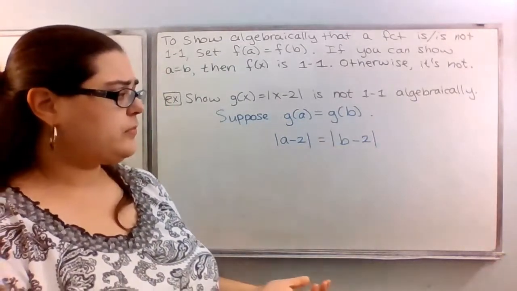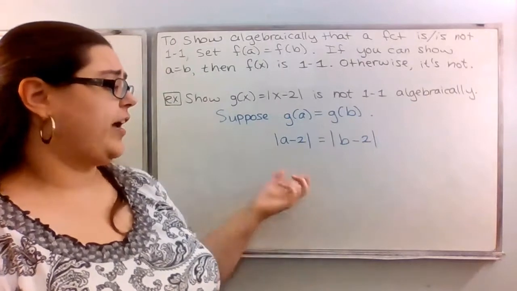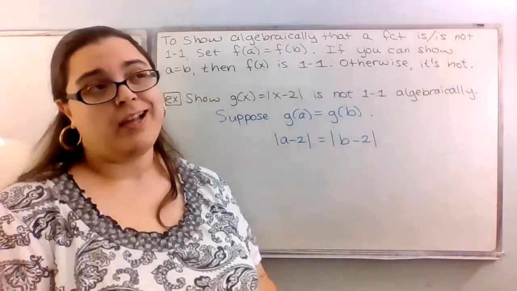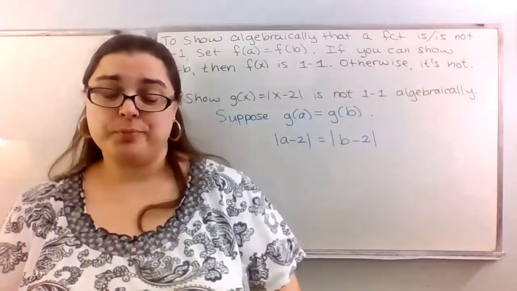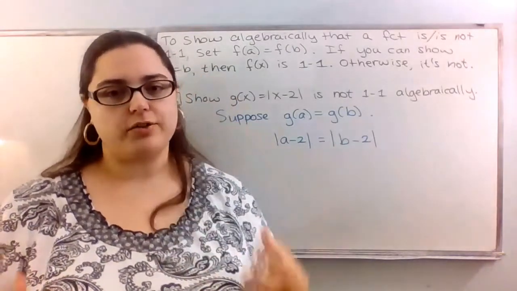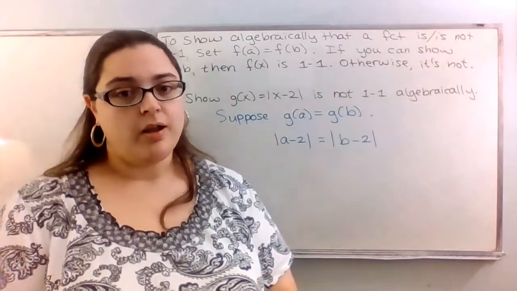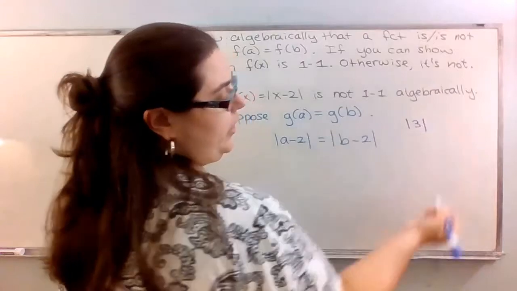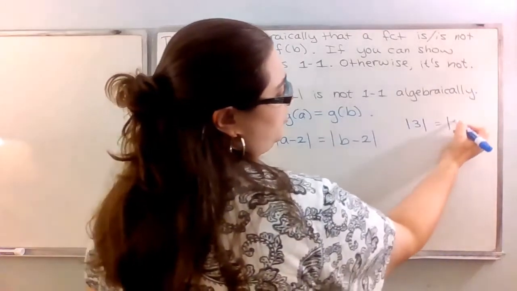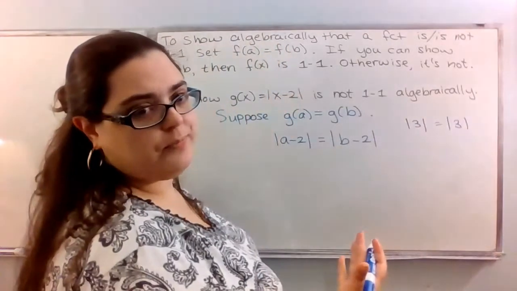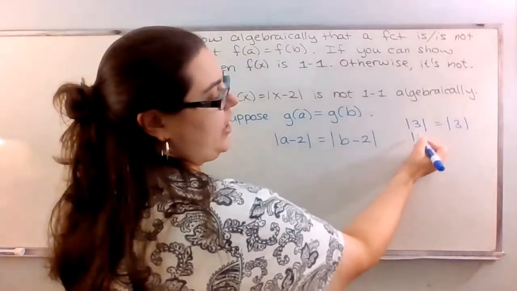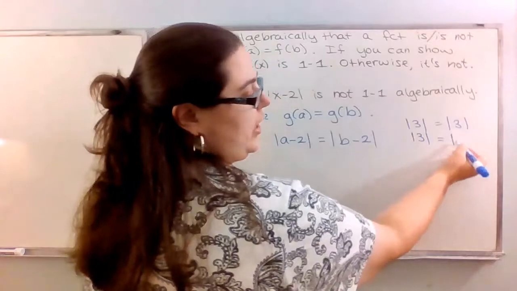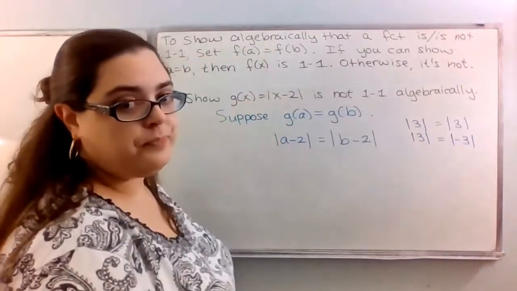So you might be tempted to say, well, if I have 2 things and their absolute values are the same, those numbers have to be the same. And that's not quite true. This is because the absolute value is going to remove the sign of a number. So for example, if I have the absolute value of 3, that's going to equal the absolute value of 3. But that's also going to equal the absolute value of negative 3.